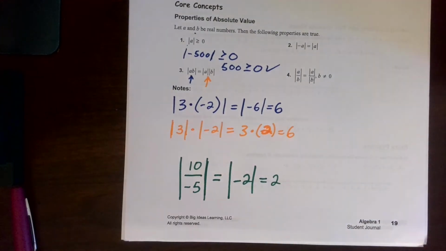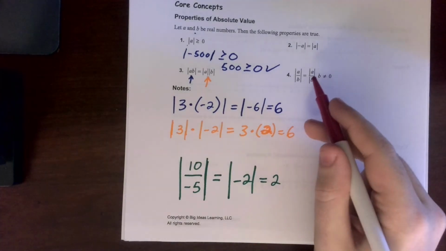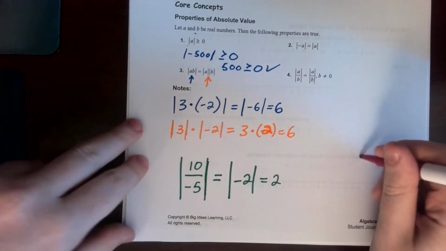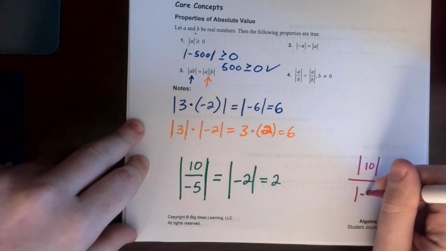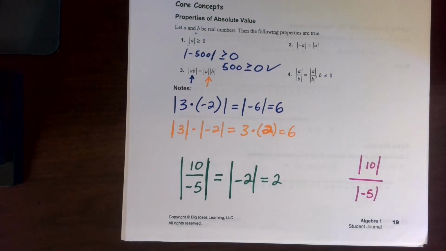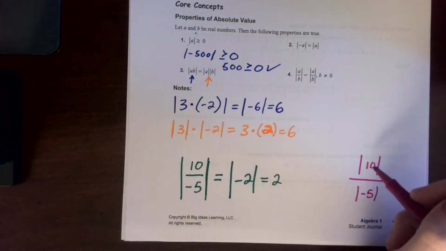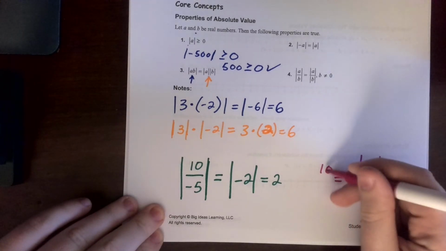On the other hand, we have this. Taking the absolute value of the top divided by the absolute value of the bottom. And I'm writing this in a weird way, and you'll see why in a second. Here we go. The absolute value of 10, well, that's 10.